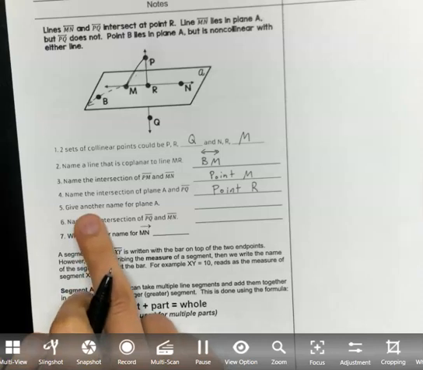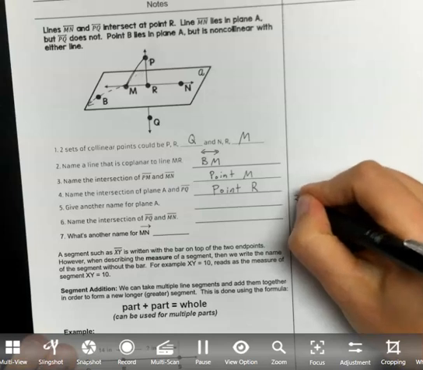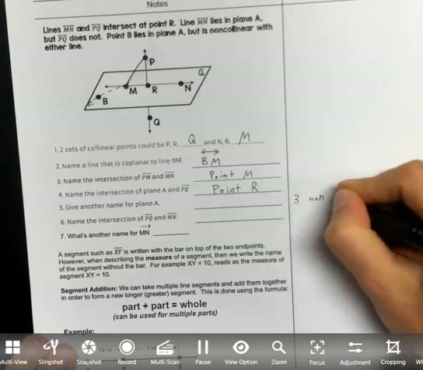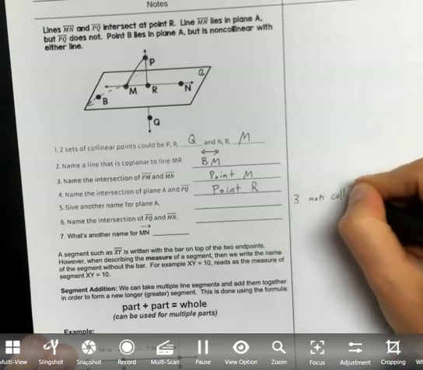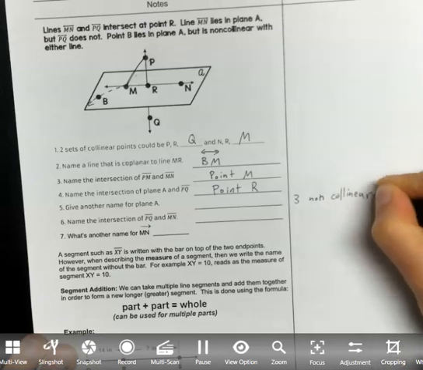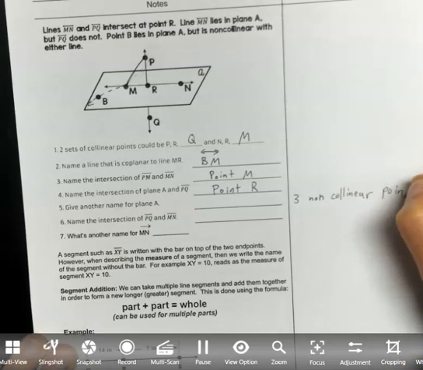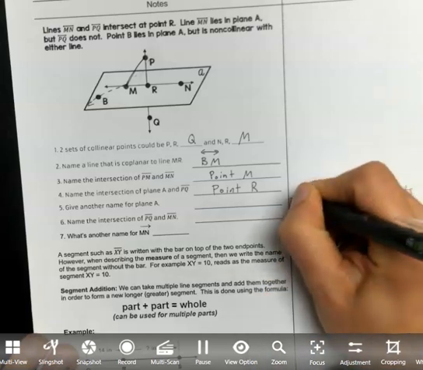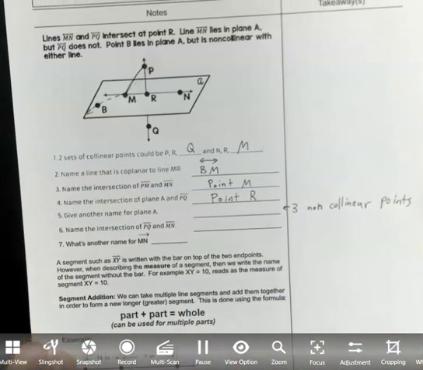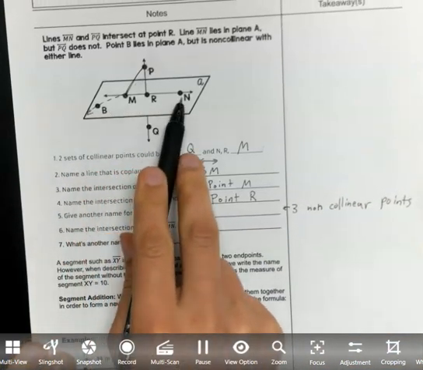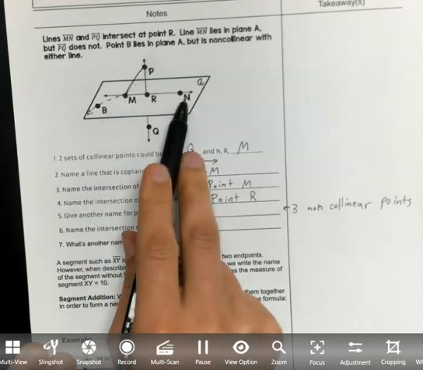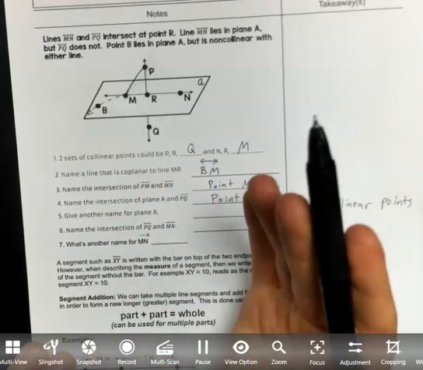Give another name for plane A. 3 non-collinear points right here. They all have to be on the plane, these 3 non-collinear points. So let's see. M, R, and N are all on the same line, so I can't use all 3, but I can use 2 of those.